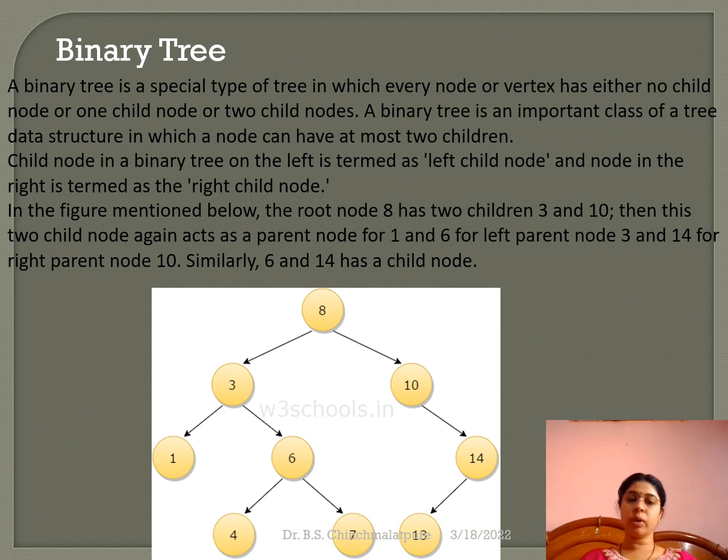Why do we call it so? Because from the root, 3 is the left part of the root node 8 and 10 is the right side part of the root node. So we create that tree based on root node 8 and its children 3 and 10.